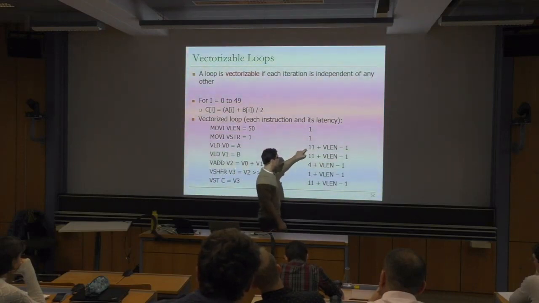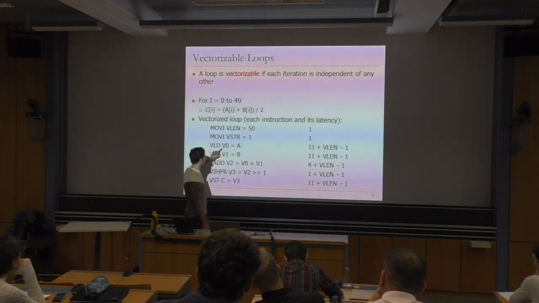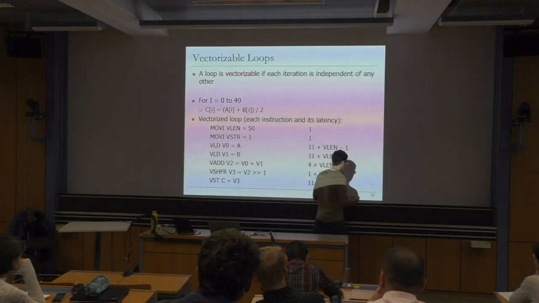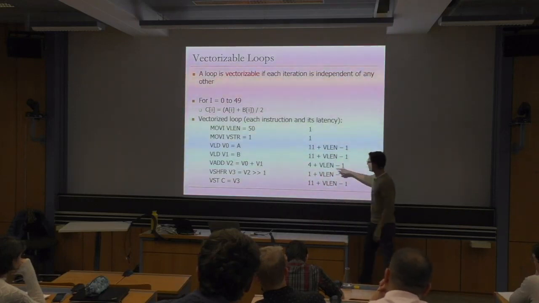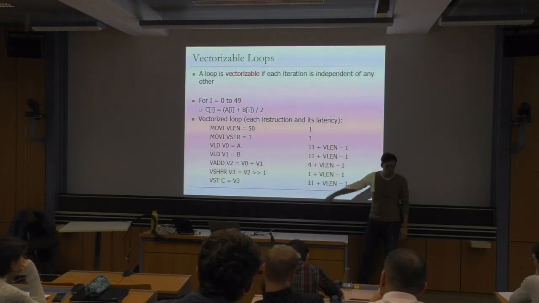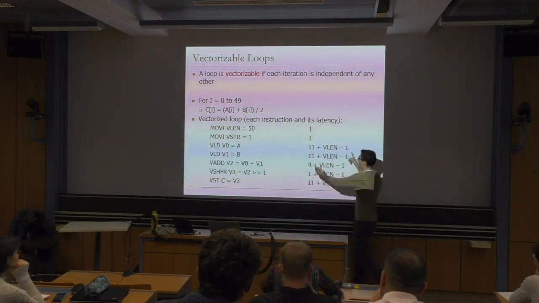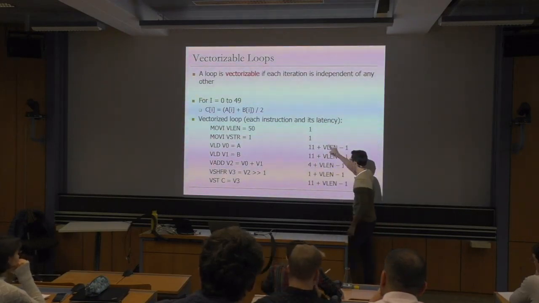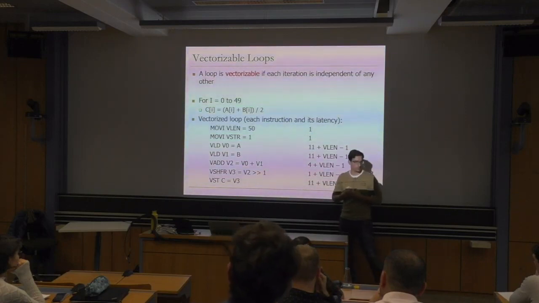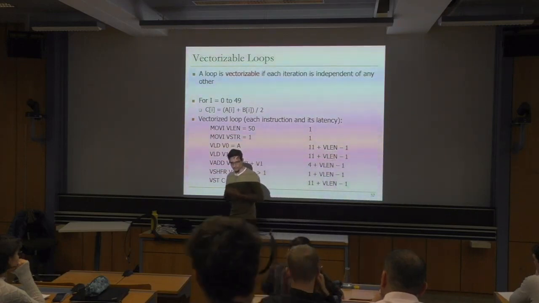So for example, for this vector load, in the first cycle we issue the load for A0, and in the next cycle for A1, the next cycle A2, and so on. So after 11 plus VLEN 50 minus 1 cycles, we will have all the 50 elements read from memory.